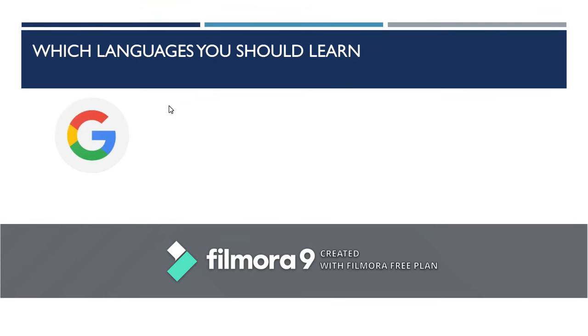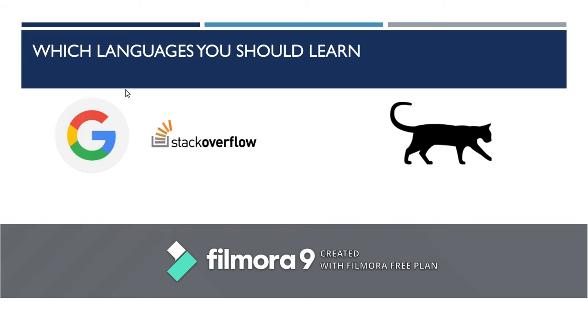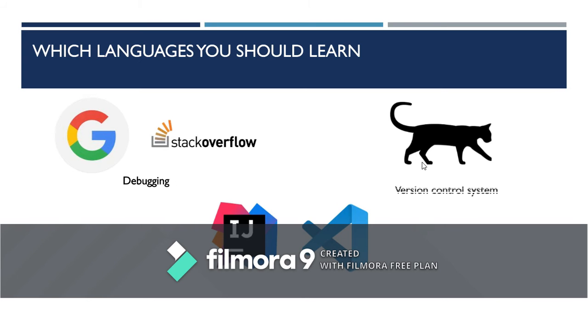This is Stack Overflow and Google. And this is IntelliJ and Visual Studio. These are called debugging apps. This is the version control system, and IDE, which stands for Integrated Development Environment.